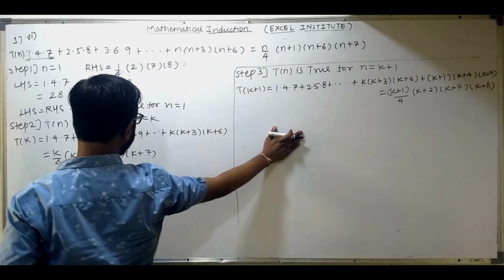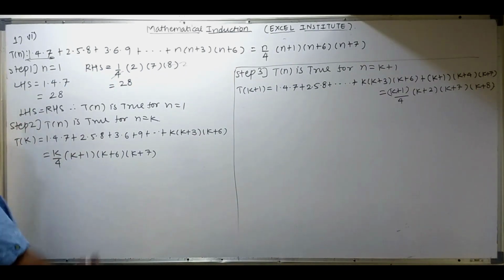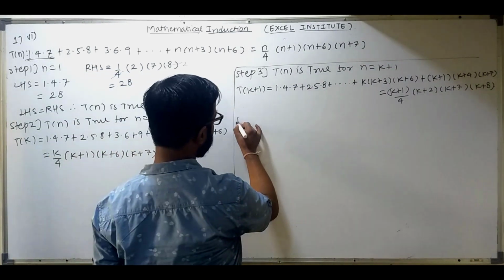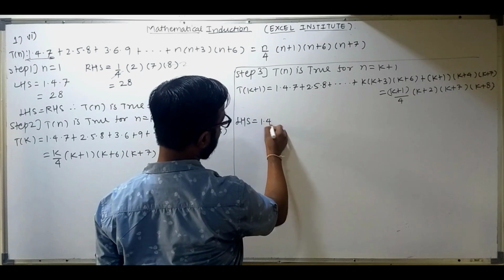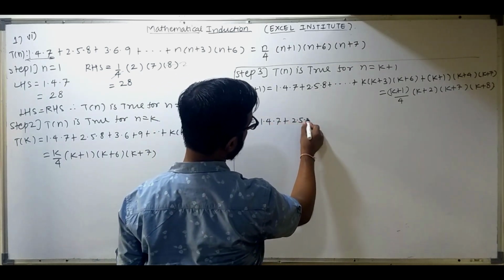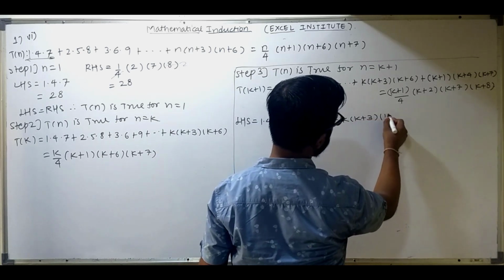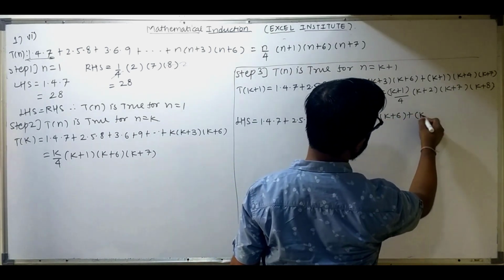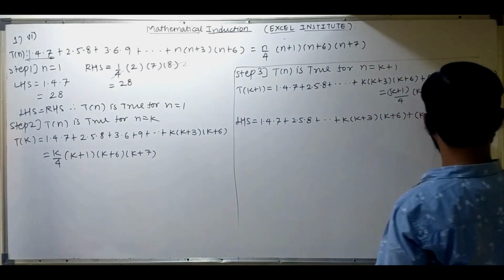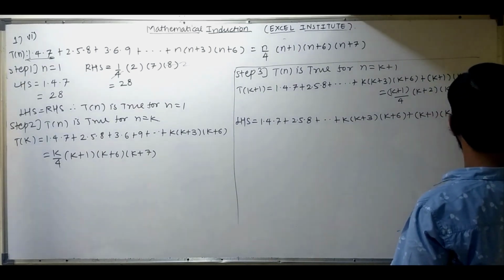The proving part is always done with the help of the assumption, step 2. So the LHS is 1 into 4 into 7, 2 into 5 into 8, up to k plus 3, k plus 6, then k plus 1, k plus 4, k plus 7.